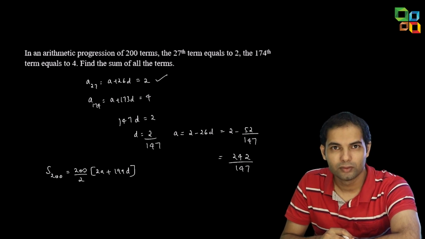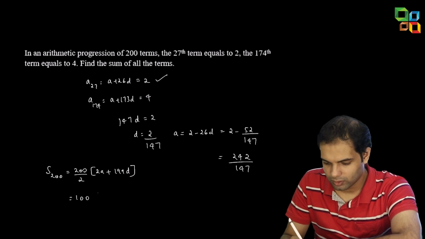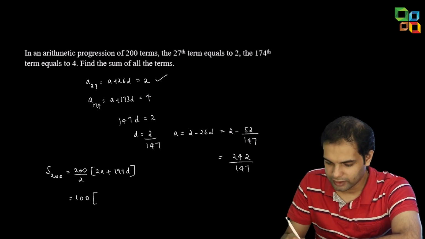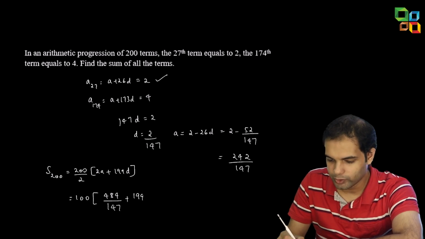Okay. So 2 into a, where a is 242, so it's 484 by 147 plus 199 into 2 by 147.